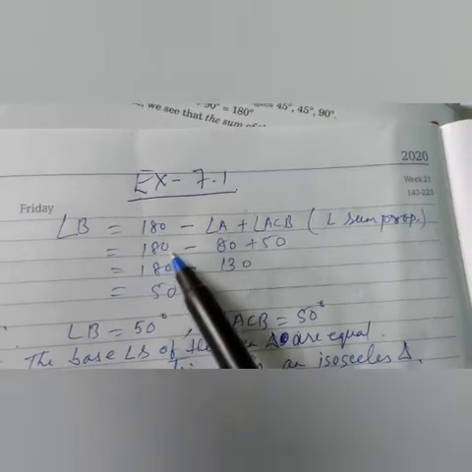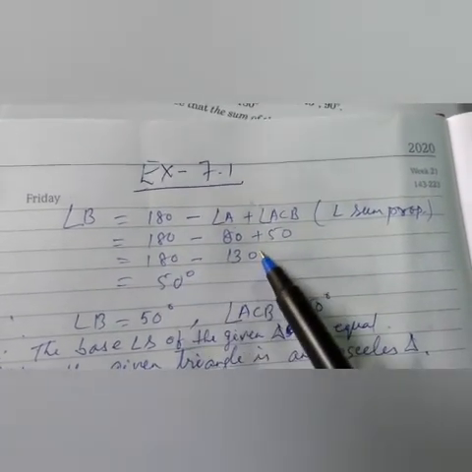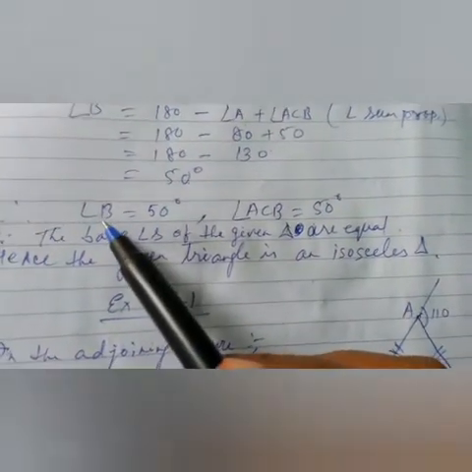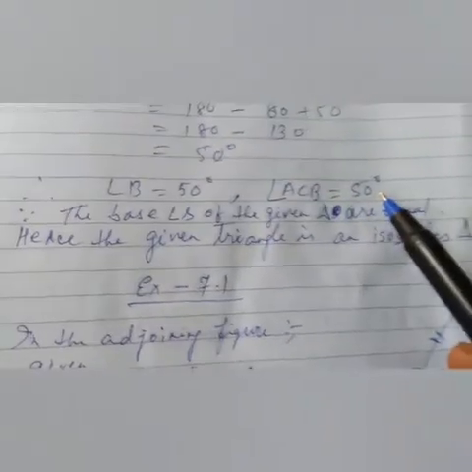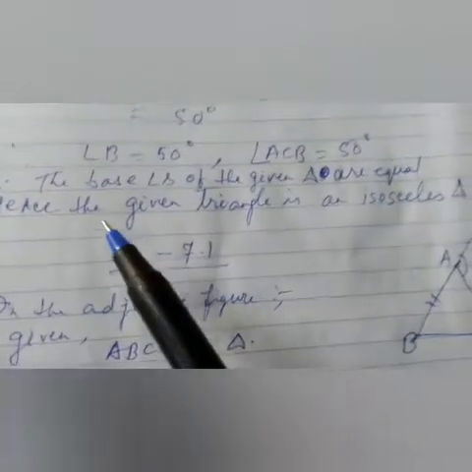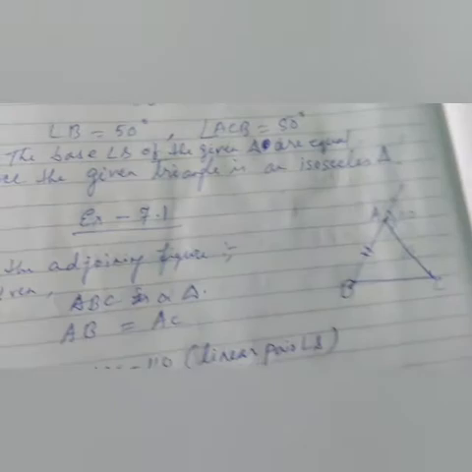So 180 minus (80 plus 50) is equal to 180 minus 130, which is 50 degrees. So angle B is equal to 50 degrees and angle ACB is equal to 50 degrees, so the base angles of the given triangle are equal. Hence the given triangle is an isosceles triangle. This is the reason.